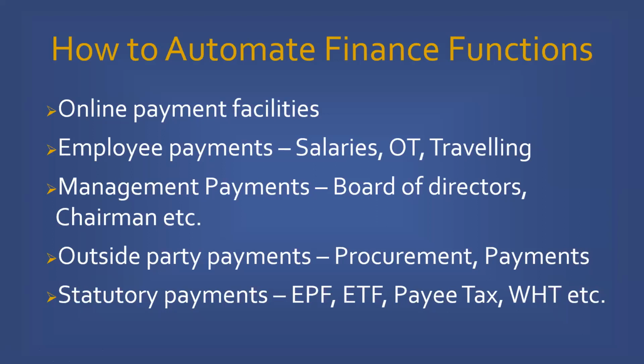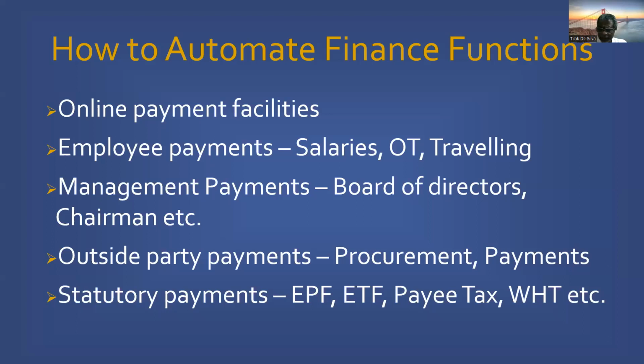Because when you are making any payment in your company, there is a process for that. We say the payment initiation part is there. Somebody says, okay, make this payment to this company or this person. Then they prepare a voucher for that.